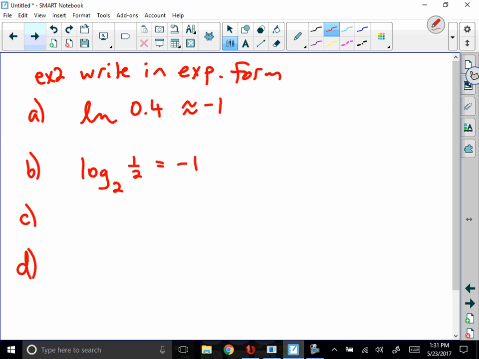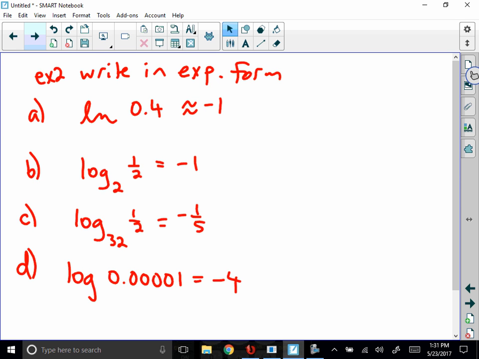No. The log base 32 of 1/2 is -1/5. Is it always going to be something negative? No. The log of 0.00001 is -4. Okay. Oh, -5. Sorry, that's a mistake.